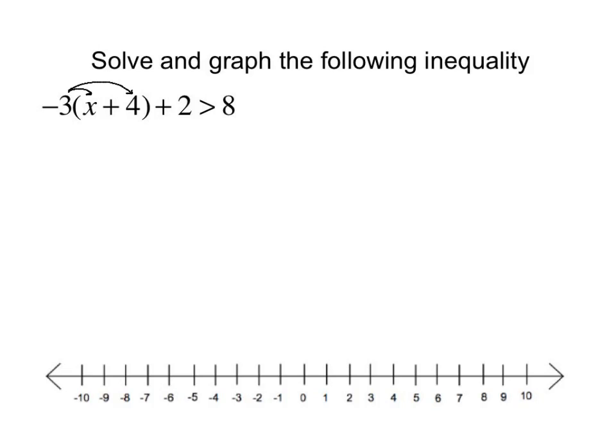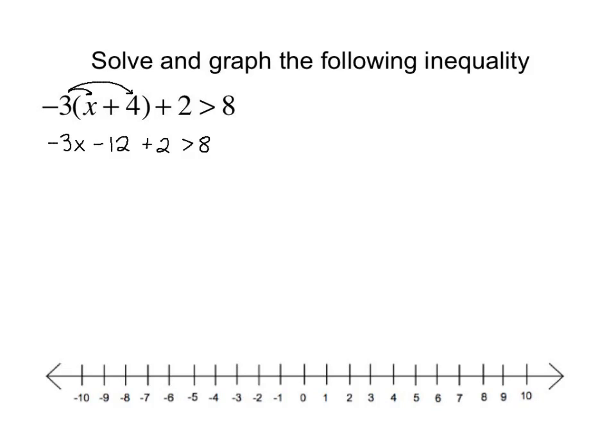So if we distribute, I'm going to be left with negative 3x minus 12, when I distribute, plus 2 is greater than 8. So at this point, I've distributed, we have a simpler equation. Now I notice that we have a couple of like terms here, though.